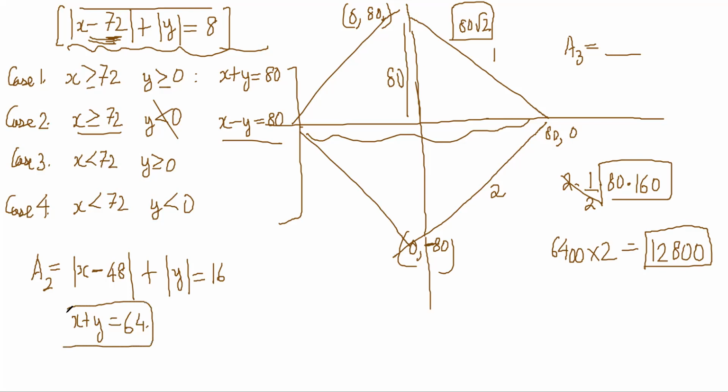So now here you would have gotten 64, 64 and 64 root 2 into 64 root 2, so 64 square into 2, and there it was 80 square into 2. So areas are diminishing. The next one would be becoming bigger. The area is becoming bigger and bigger, right?